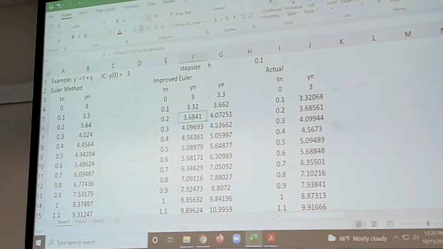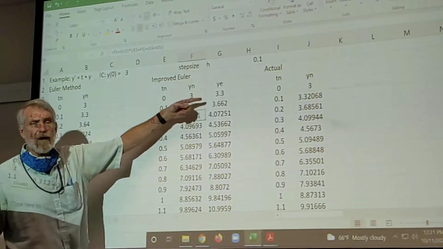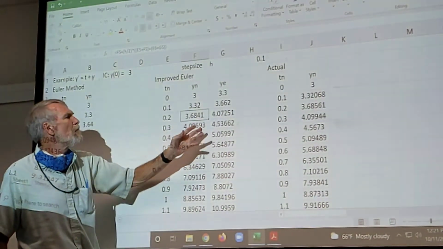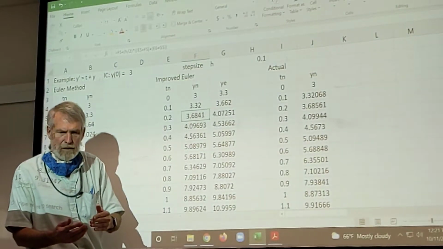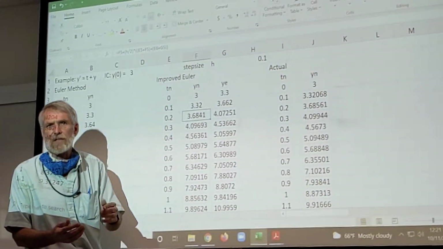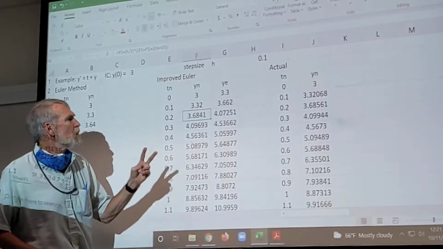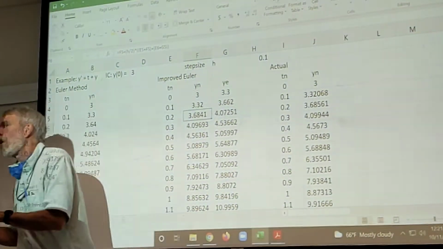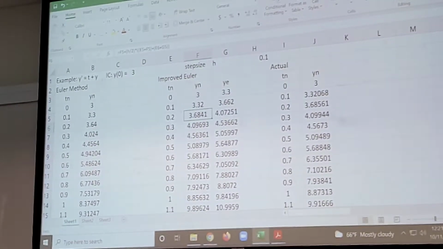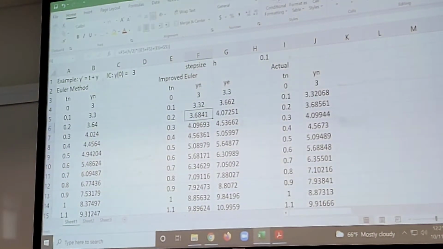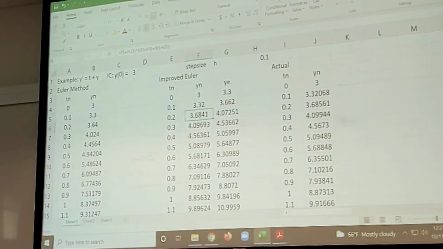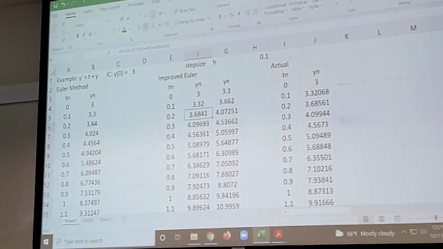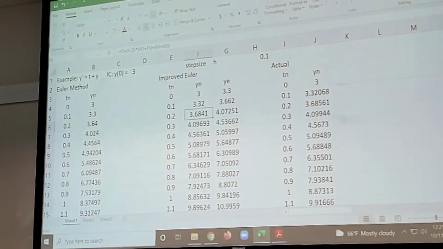I had to do the function evaluation to get my Euler's value, and then use that Euler's method and the time to get a new one. So I had to do 20 evaluations to get here, but I went from a 0.5 error to 0.02 error. Much better, right? A huge improvement. And that has to do with the fact that this is order h squared.